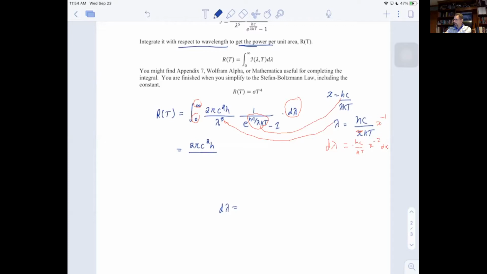I went a different path and I'm getting a different result, but I should get the same answer. So d lambda is dx. I can live with what I did there. There's nothing wrong there. It's just a matter of which way you want to go.